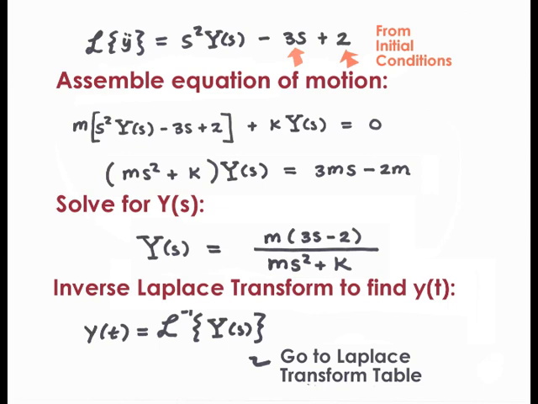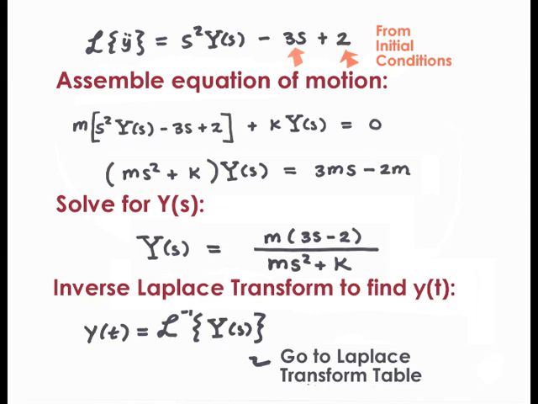Substituting our values for the initial conditions, which are 3 for the position at time 0 minus and -2 for the velocity at time 0 minus, we achieve the first line on this slide. The Laplace transform of y double dot is s squared times Y of s minus 3s plus 2.